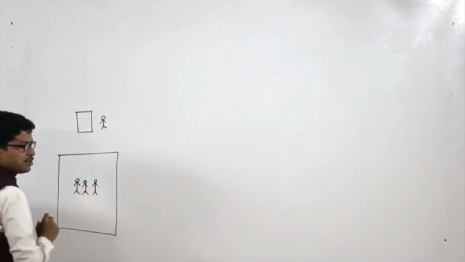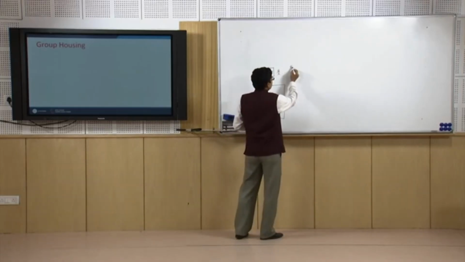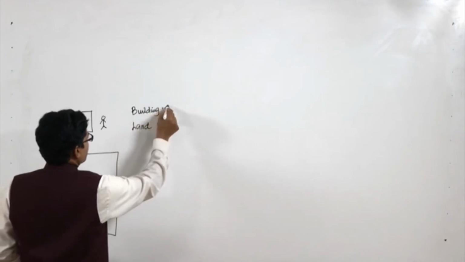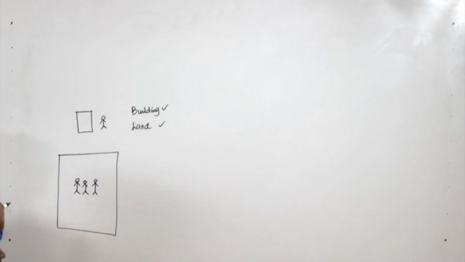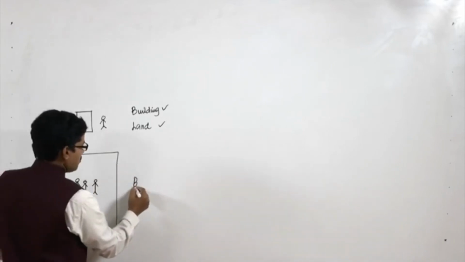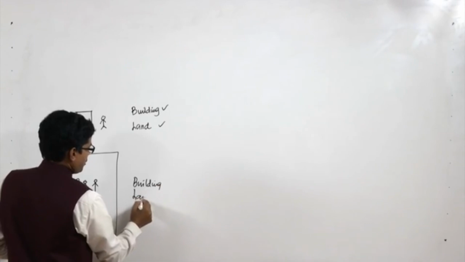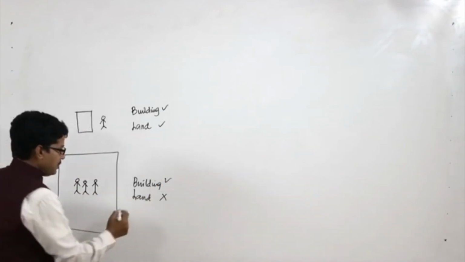The basic difference, as I told earlier, is that there the building and land both are owned by the individual person or end user, but here the building is owned by the individual person, but the land is owned by the community.